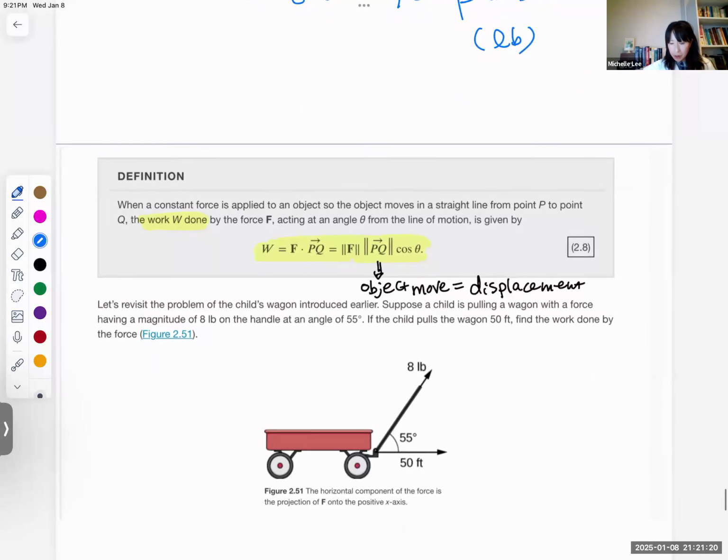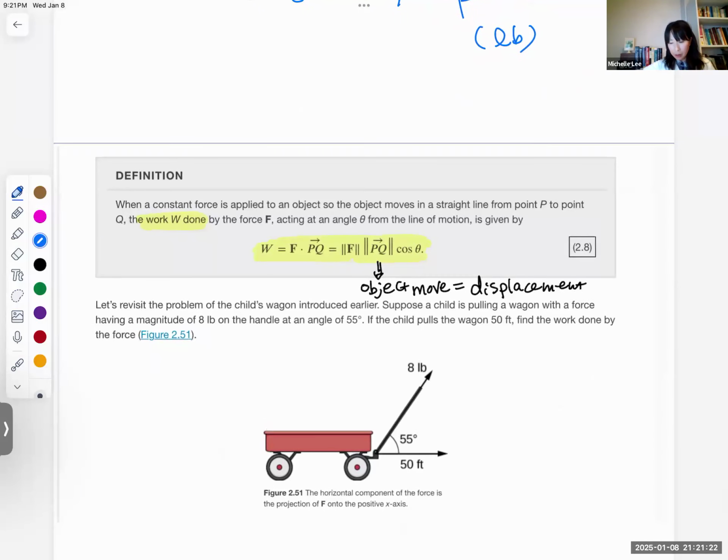When a constant force is applied to an object, so the object moves in a straight line from point P to point Q, the work W done by the force vector F acting at angle theta from the line of motion is given by this.